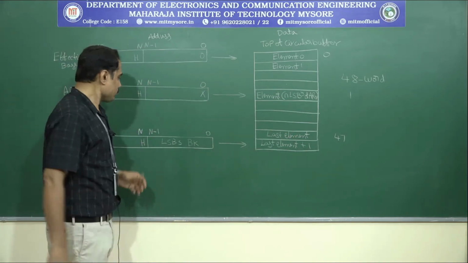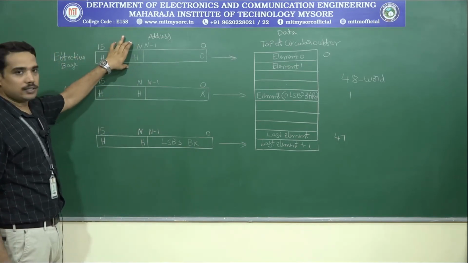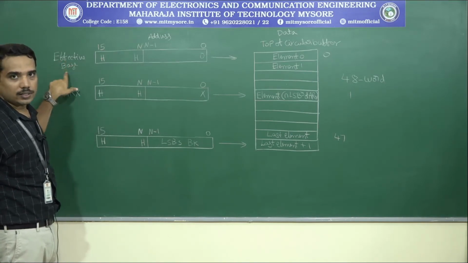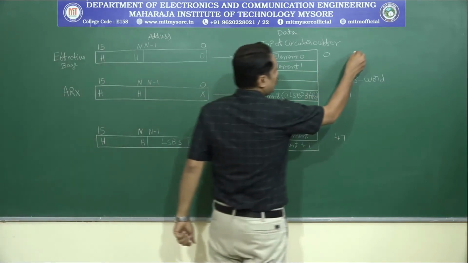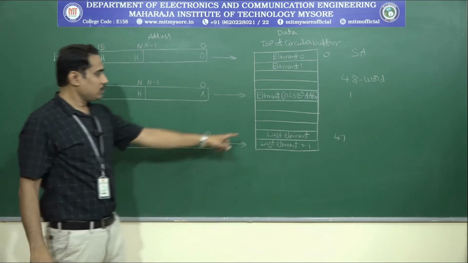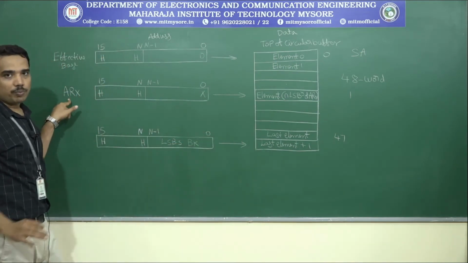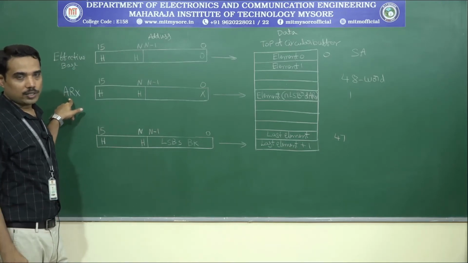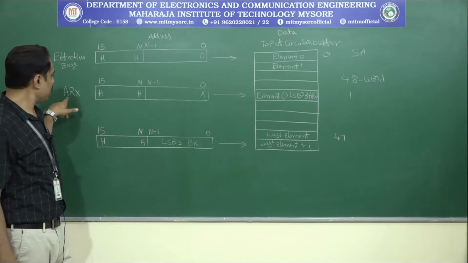Here we have 3 blocks. This is the address, that is the effective base address. With respect to the base address, we can think of the start address, and this becomes the end address. In order to point to the intermediate memory locations, we use the auxiliary register ARX.